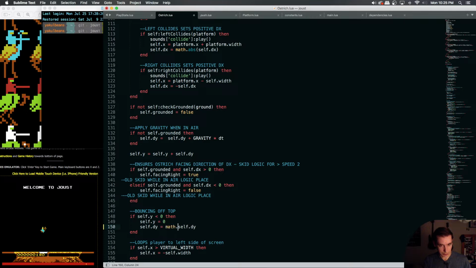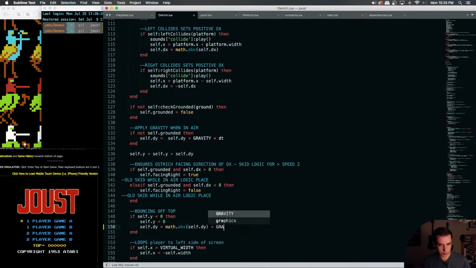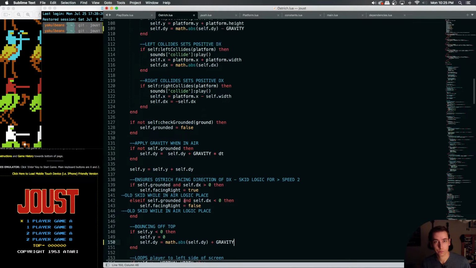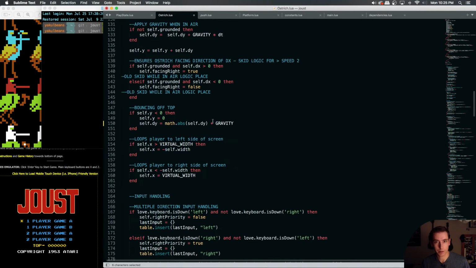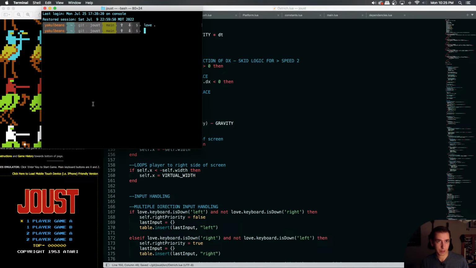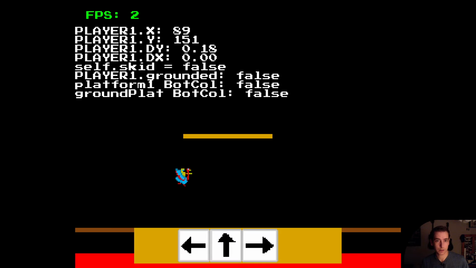We're going to get the absolute value of our current self dy, but we're also going to subtract gravity, because we're going to add gravity right after. Let's see if that is looking better.